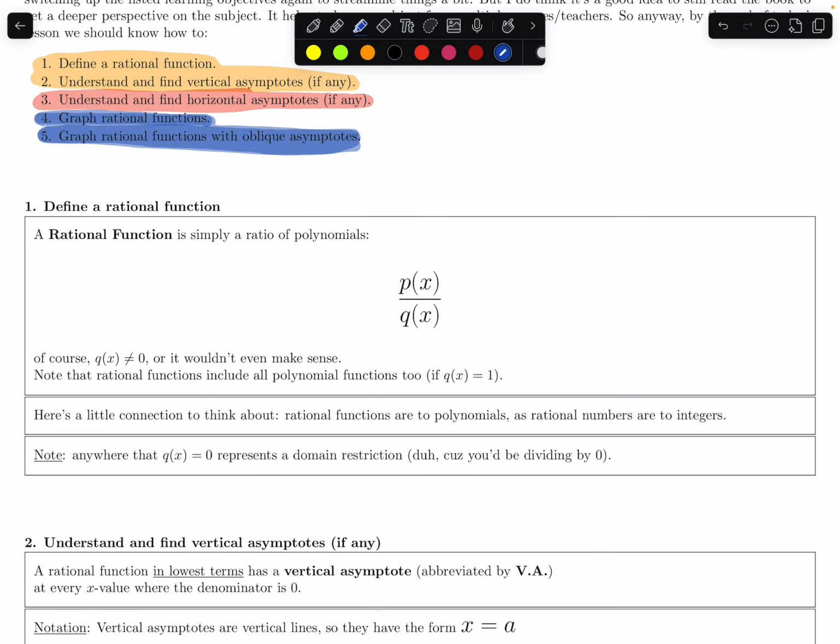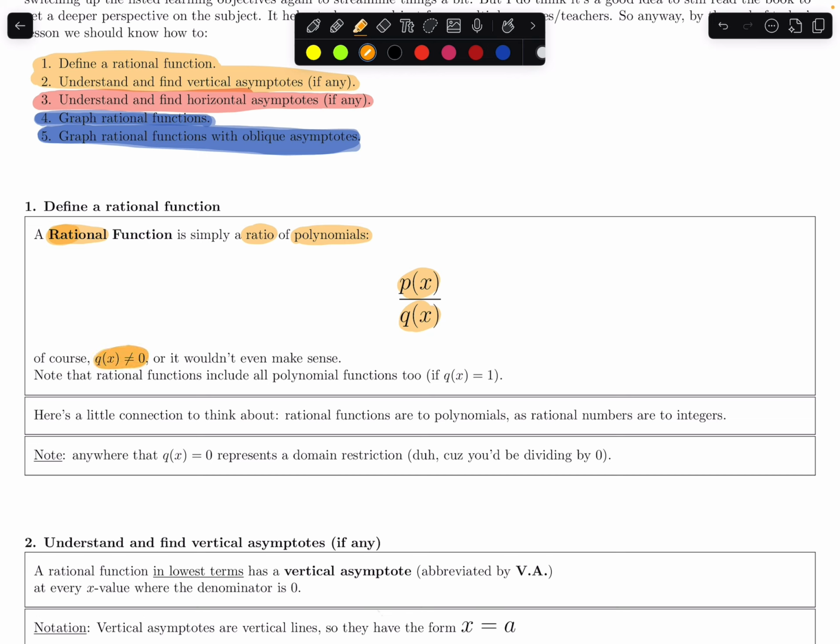A rational function, simply put, is a ratio of polynomials, and it kind of gives it away right in the word ratio. Ratio is just a word for fraction, right, of polynomials. Polynomial on top, polynomial at the bottom, and of course the bottom polynomial cannot be the zero polynomial, because then you wouldn't have something defined.